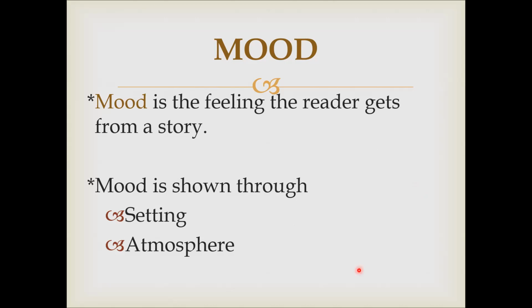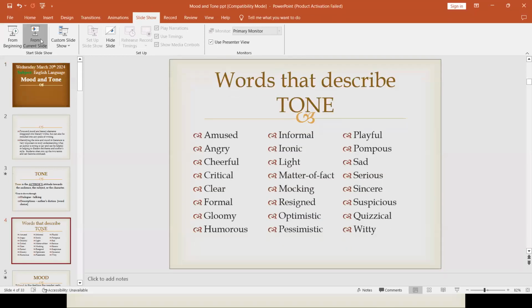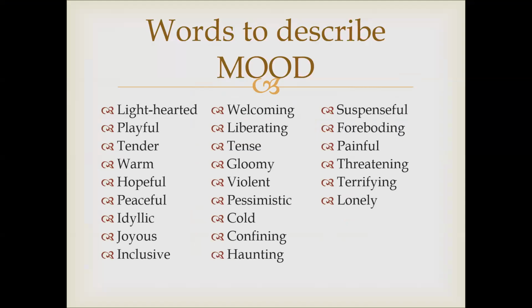I want us to look at these different examples of mood that we could have. Malik, I know you wanted to read one of these lists, so you could read this. Yes, sir. I will.